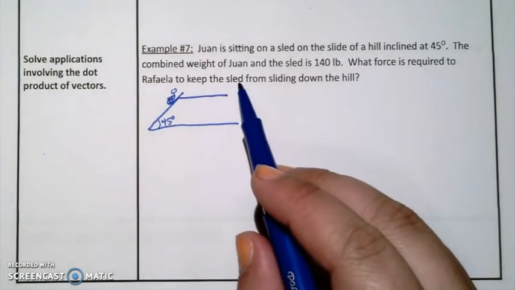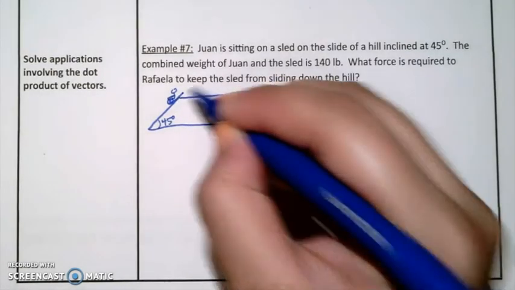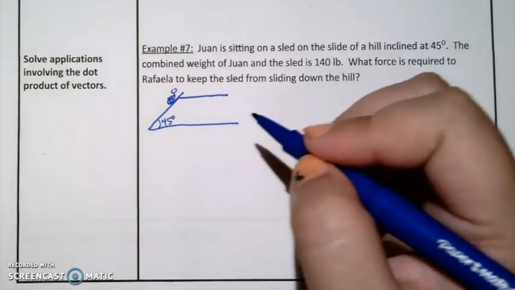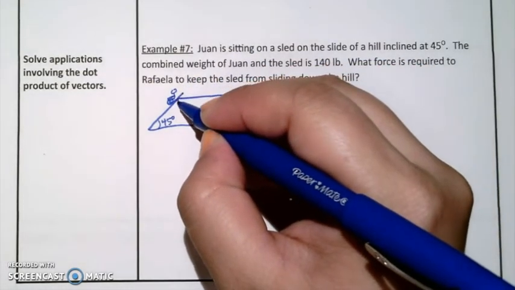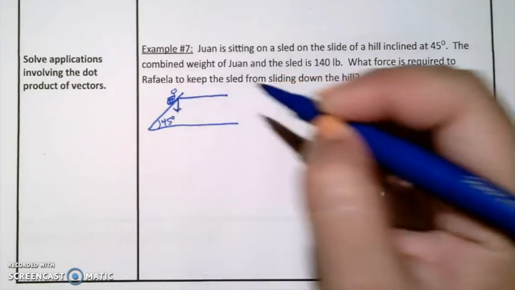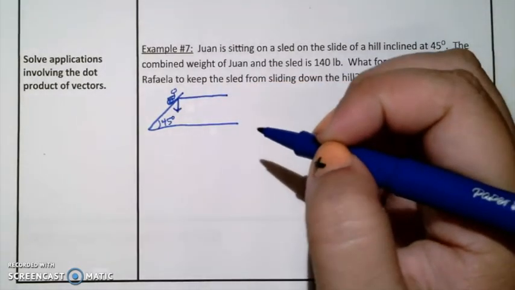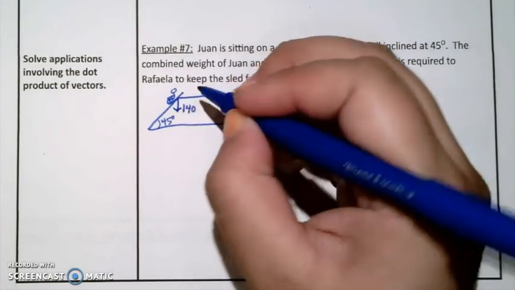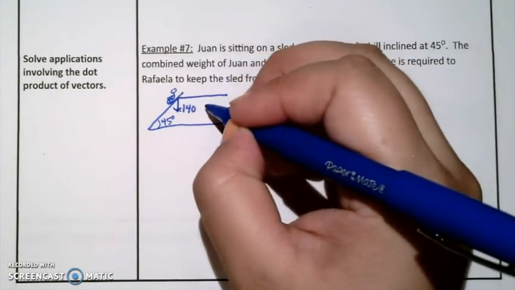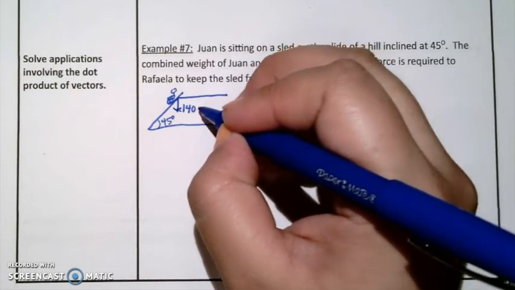The combined weight of Juan and the sled is 140 pounds. Now weight is dependent on the gravitational pull, so it has a force that's going straight down. So this is 140 pounds, and it's going down, so it's negative 140 pounds. Okay?